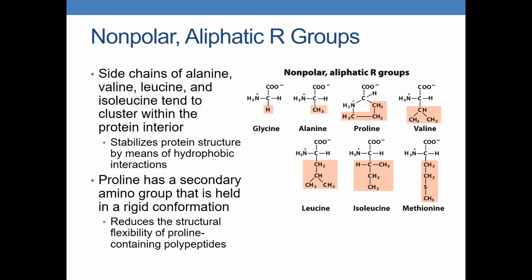The first group of amino acids that we are going to talk about is a grouping with nonpolar aliphatic side chains. These are important amino acids because often they are found to be clustered within the protein interior. So if you remember the hydrophobic effect from part 1 of chapter 3, you should also remember that nonpolar molecules, for entropic reasons, do not want to go into aqueous water.